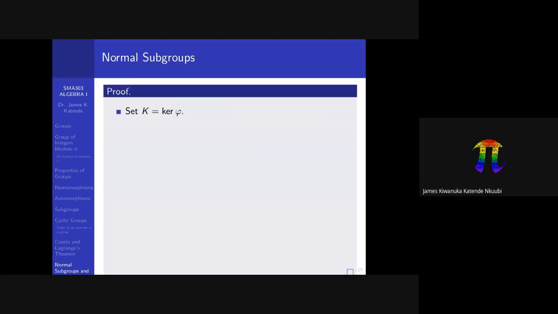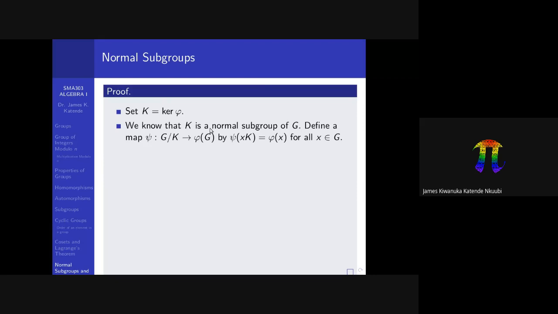So let's prove this. To make our work easier, so that we don't have to keep writing the kernel of this homomorphism, we shall make this substitution. K is equal to the kernel of phi. So we know that K is a normal subgroup of G, because the kernel is always a normal subgroup. So we define a map from the factor group G by K to the image of the homomorphism.